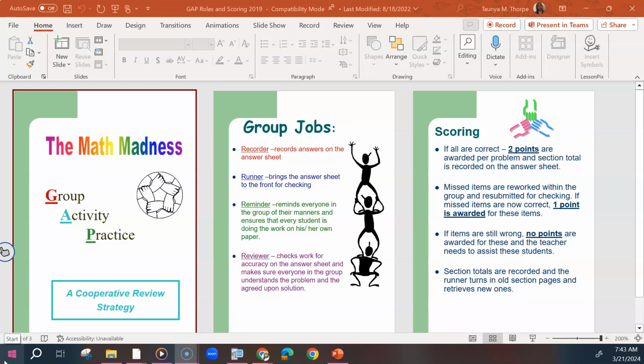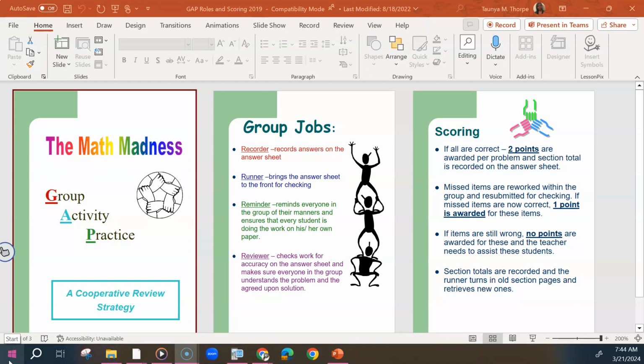Of the 4 of you, decide who's going to be the recorder, who writes the answers on your answer sheet, who's going to be the runner who comes to get their answers checked, who's going to be the reminder, reminding people of their manners and making sure everyone's doing their work, and who's going to be the reviewer who checks: did everyone do this correctly? Did everyone understand this problem? Did we all agree on the same answer? Take the next minute, decide who's going to be what.